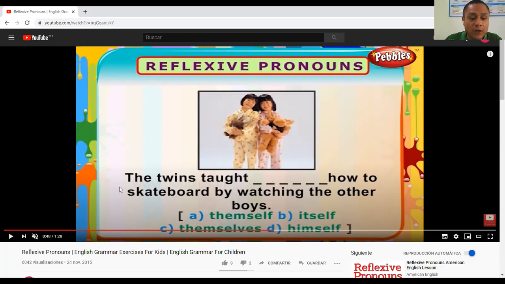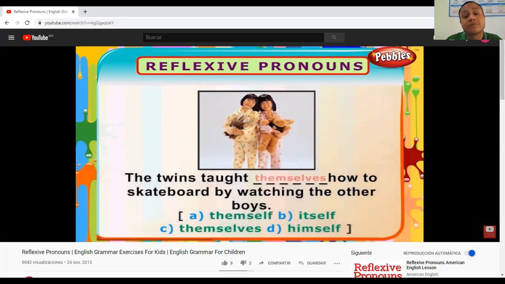What is the reflexive pronoun that belongs to they? A, themselves, B, itself, C, themselves, or himself. The correct answer is themselves. Very good.